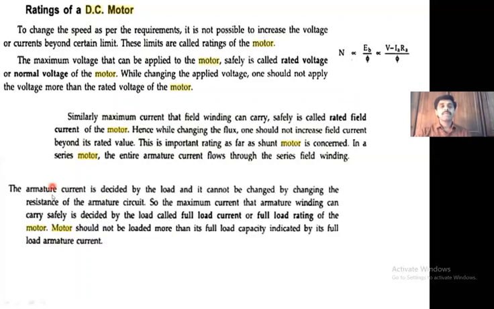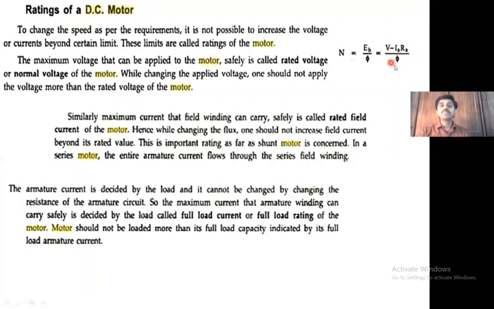Next, third point, armature current. Armature current is decided by the load. It cannot be changed by changing the resistance of the armature, because it is a series current. The current flows in the series circuit. By changing the armature resistance, armature current cannot be changed.